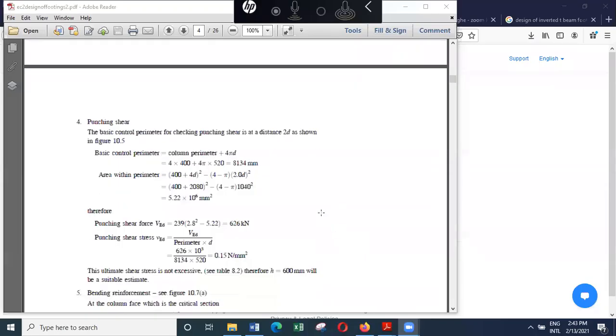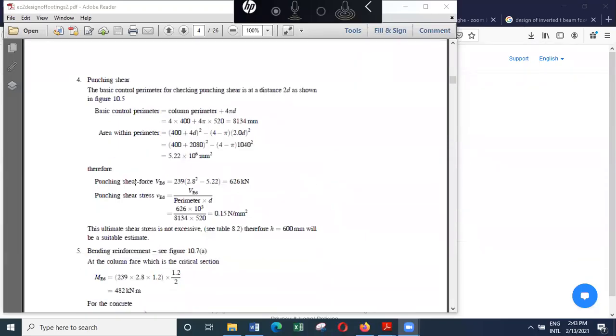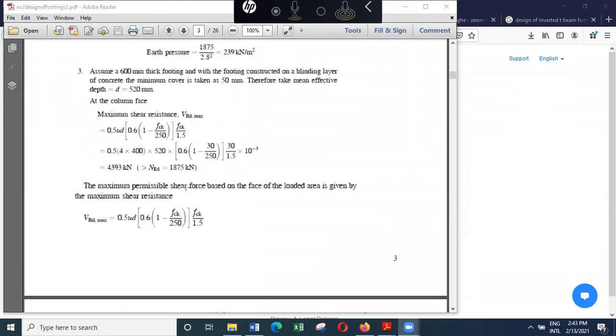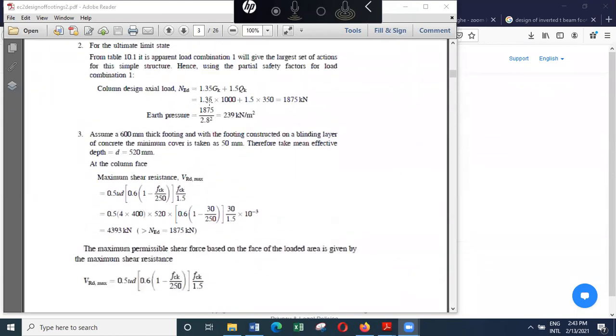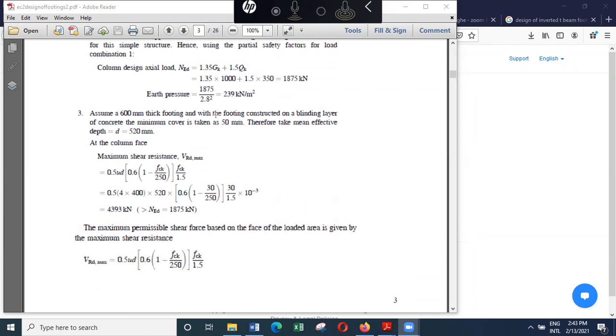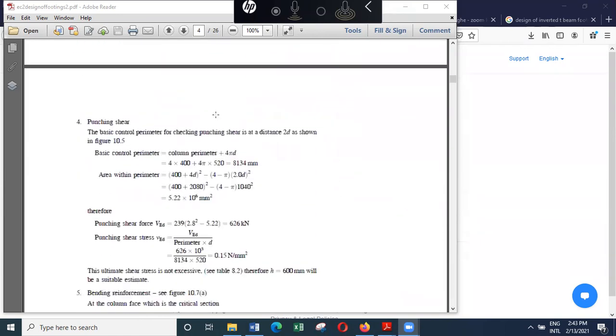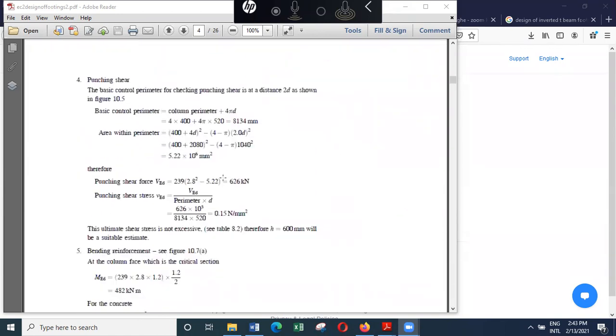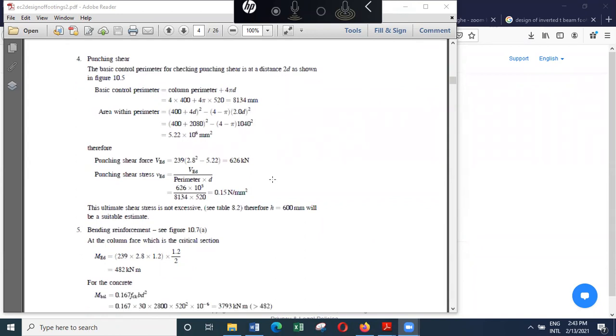That is 2.8 squared minus 5.22 multiplied by 239. So although the total axial load is 1875 kilonewtons, the force that causes punching shear is only 626 kilonewtons.